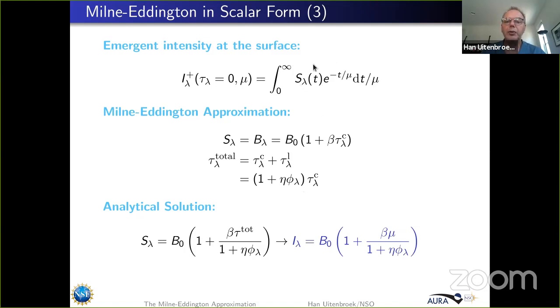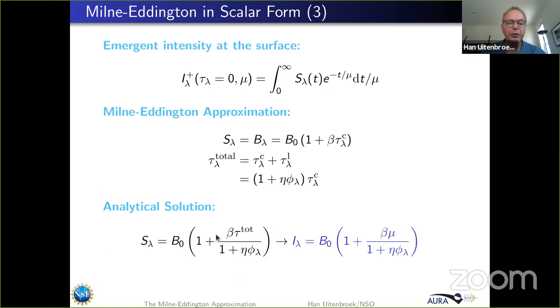Now in this integral, the integration is of course over the total optical depth, because we need that to calculate the emergent intensity. So now if we replace this source function with the Milne-Eddington approximation and include the overlapping line, we can write the source function as B0 times 1 plus beta times the total optical depth divided by 1 plus eta phi.